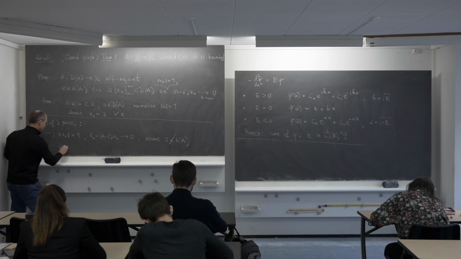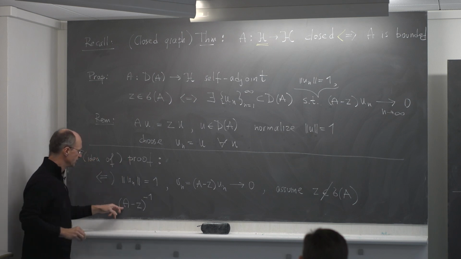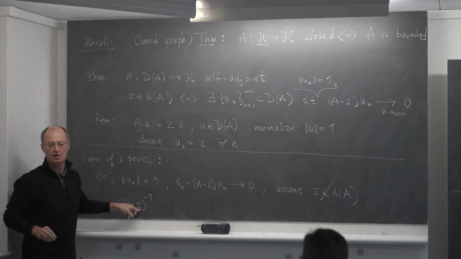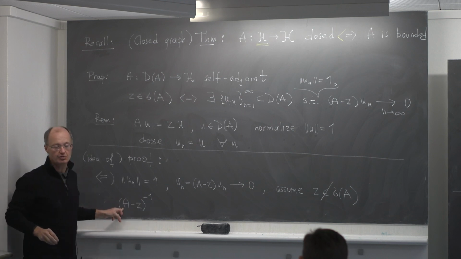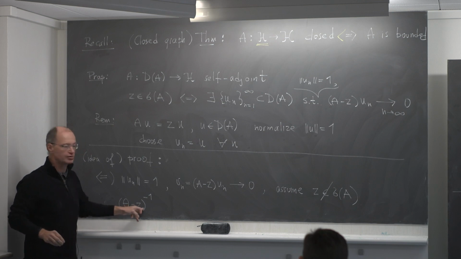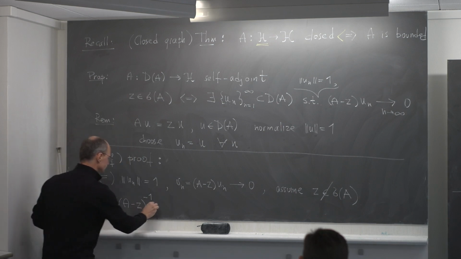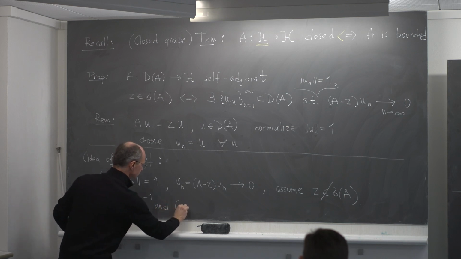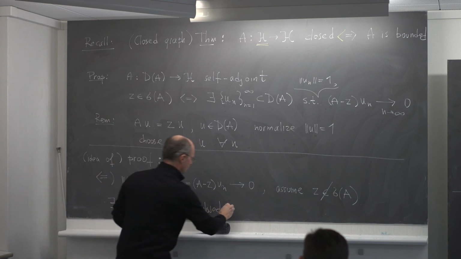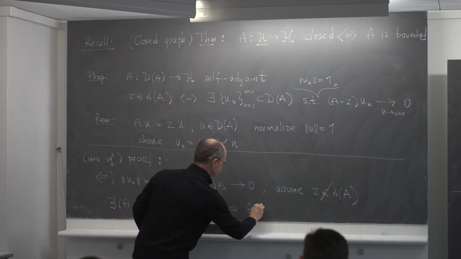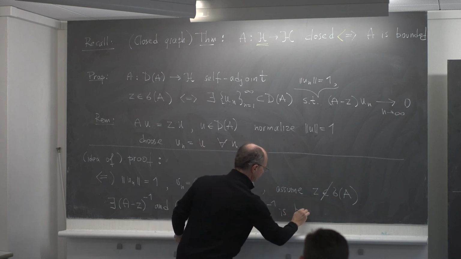And if it's in the resolvent set of A, this means that we have an inverse, right? So A minus Z is an invertible operator. But A is self-adjoint, so A is closed. So A minus Z is closed. So this means (A minus Z) inverse is bounded.